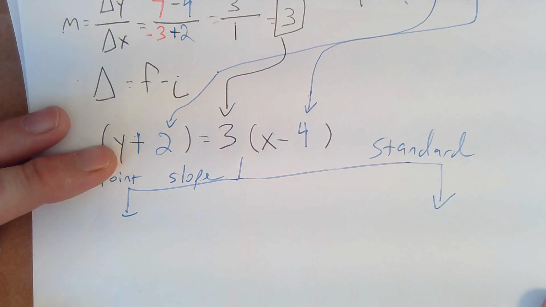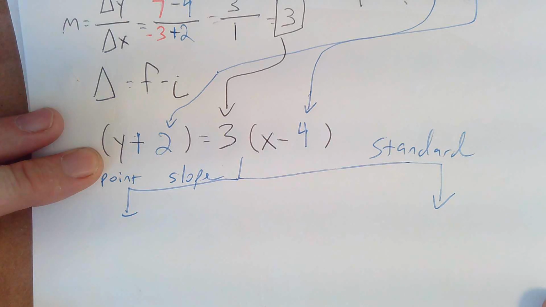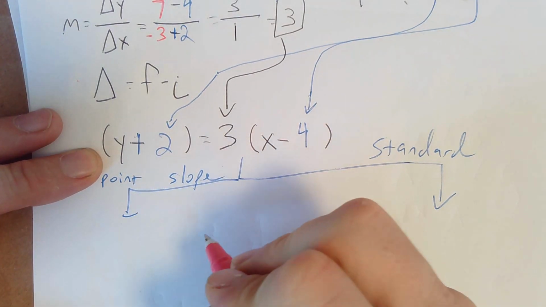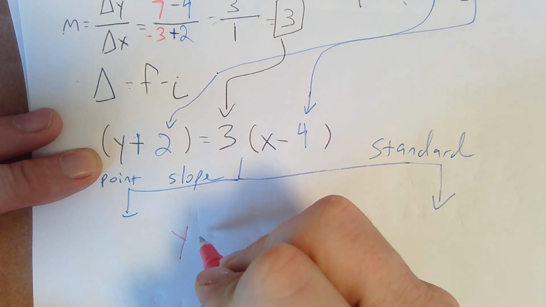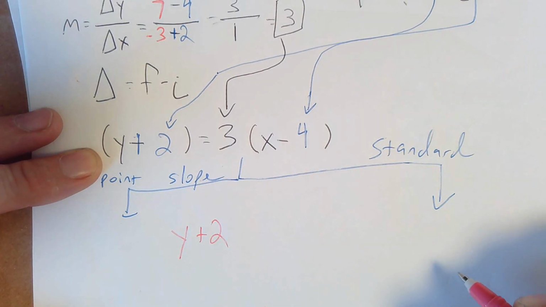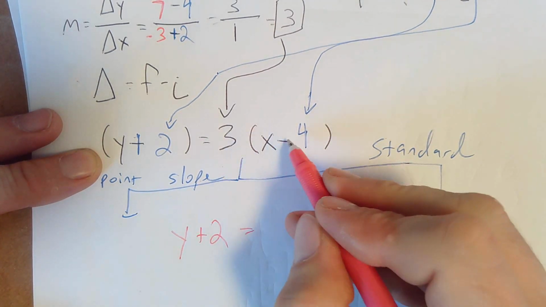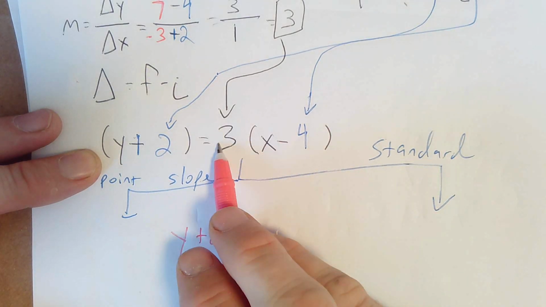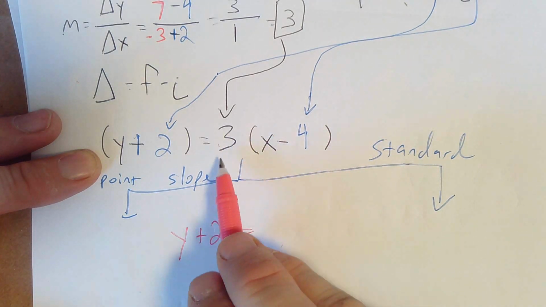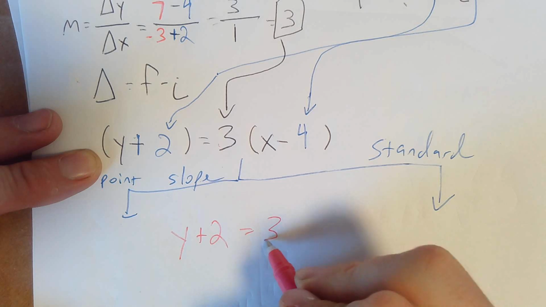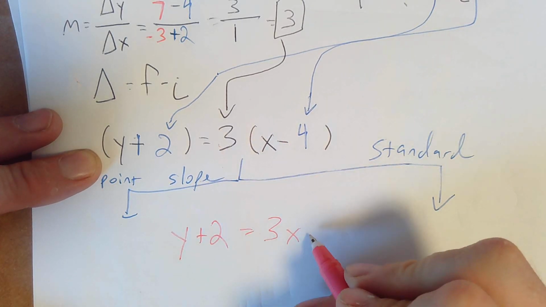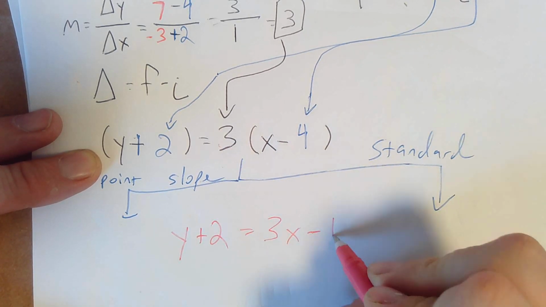On both sides. There's nothing to clear on the left hand side with the y's. So nothing to do, just got to drop the parentheses. It's going to be y plus 2. And then over here, it's going to be 3 times everything inside of that, right? So 3 times x, a positive times a positive is a positive, 3 times x is a 3x, a positive times a negative is a negative, and a 3 times a 4 is a 12.